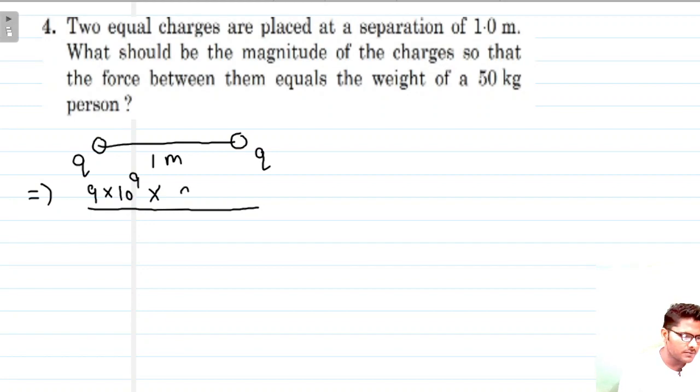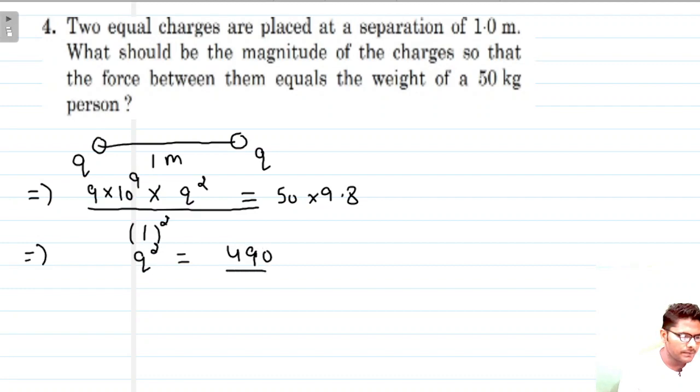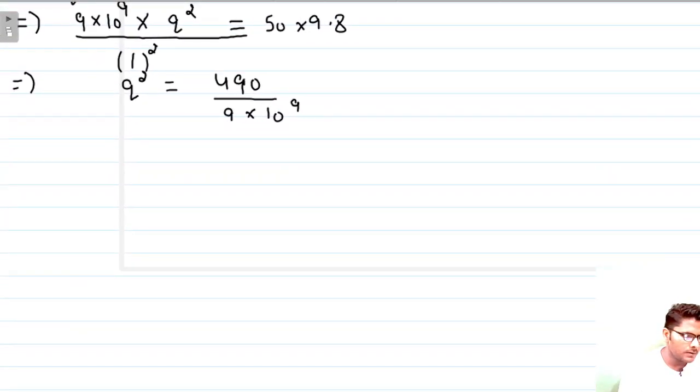So charges we are asked, so this will be Q1 Q2 over R square, Q square over 1 square should be equal to 50 into 9.8, and this will become Q square should be equal to 490 over 9 into 10 raised to the power 4.